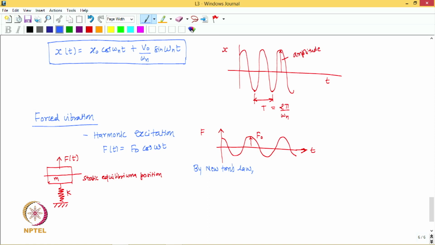So again we need to make the free body diagram of the mass. Now if this is the mass, we have the force f of t, the displacement, and the force due to the spring, which is k. The question is, should we take the static displacement of the system into account?